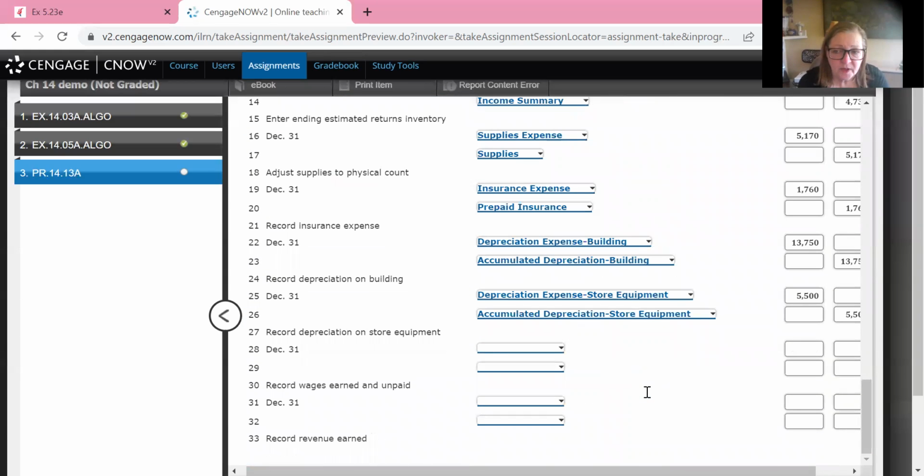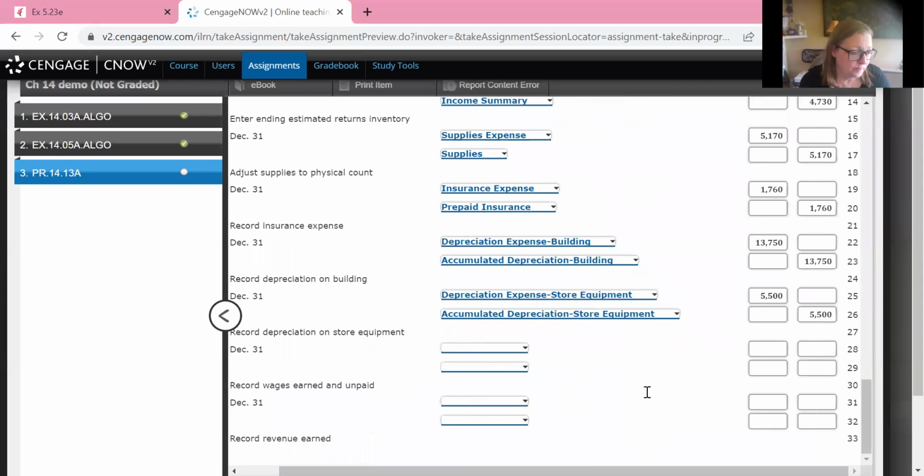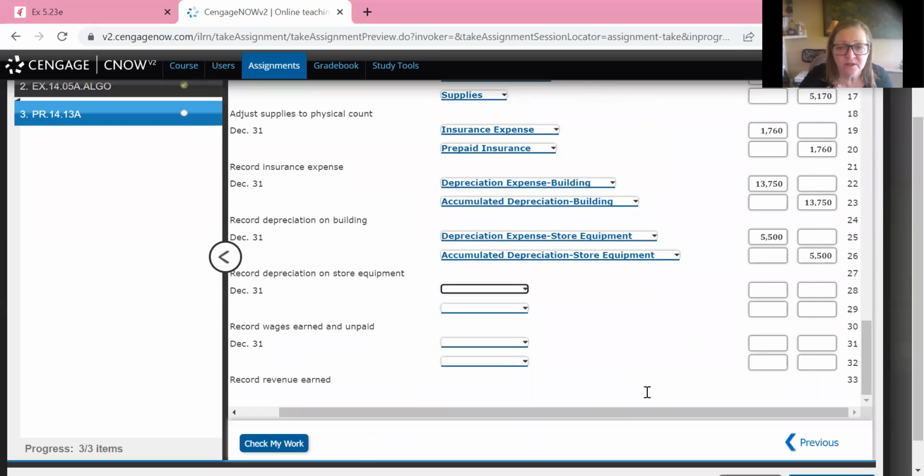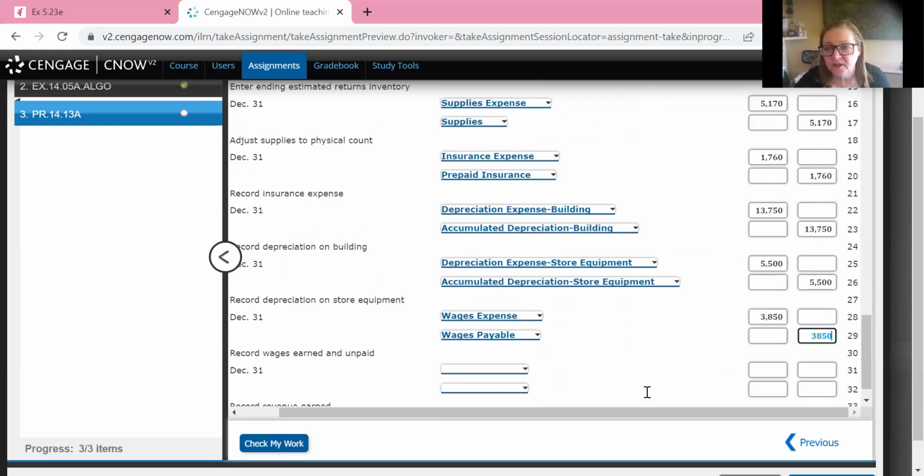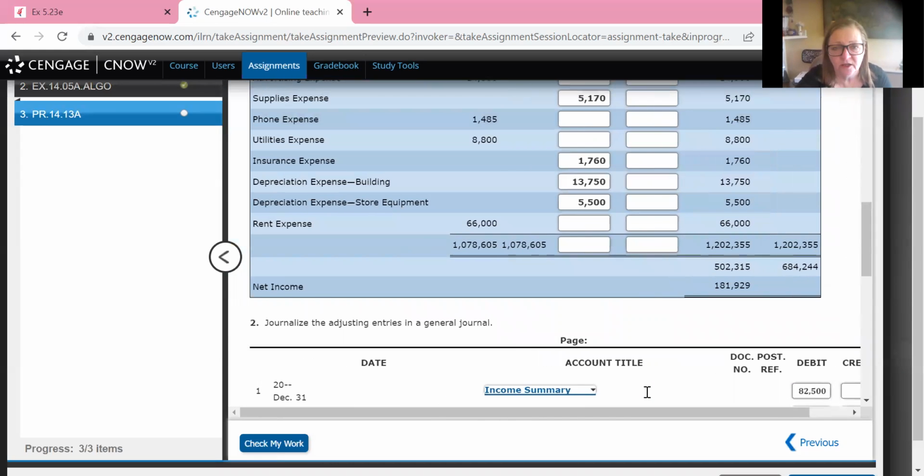And if it does, you're right. Okay, so the next one after the equipment depreciation is wages expense and wages payable. We record a wage expense that's not yet paid, and it's $38.50. So that's an accrual. We're accruing this expense even though it hasn't been paid yet.